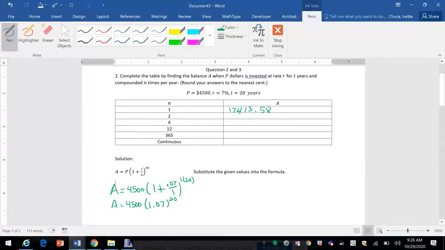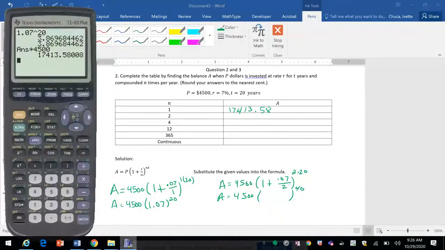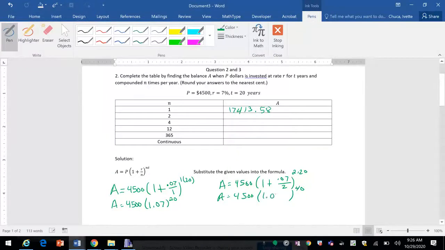So let's try the next one. We have A equals 4,500 of 1 plus 0.07 divided by 2, raised to 2 times 20. 2 times 20 is 40. 0.07 divided by 2 is 0.035, plus 1 will give us 1.035.